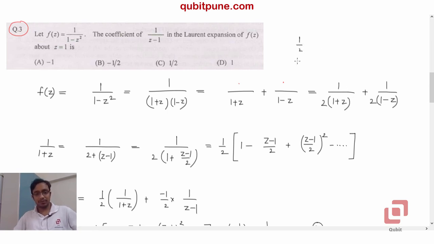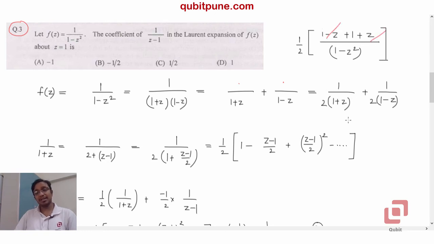It's 1 upon 2 outside. In the numerator we will have 1 minus z plus 1 plus z, and in the denominator it is 1 plus z into 1 minus z, which is 1 minus z squared, and plus z minus z will get cancelled, and 1 plus 1 is 2, and that 2 will cancel this 2. So this partial fraction split is right.